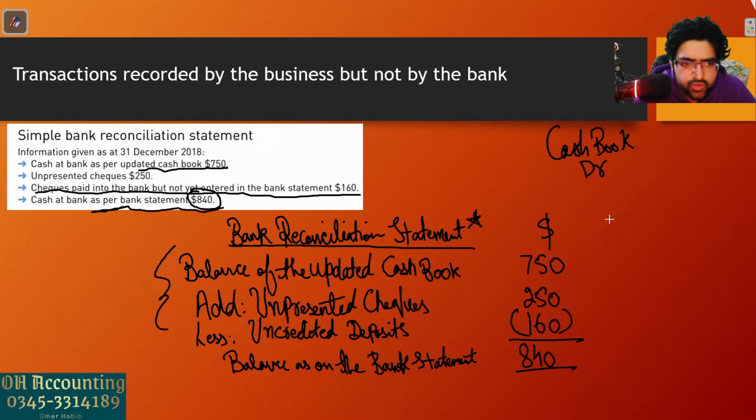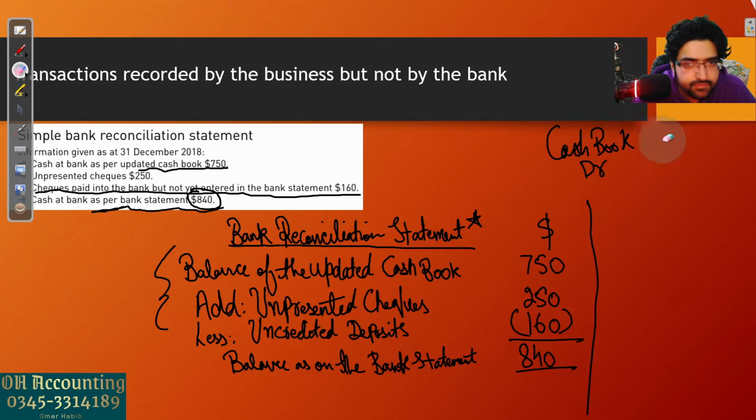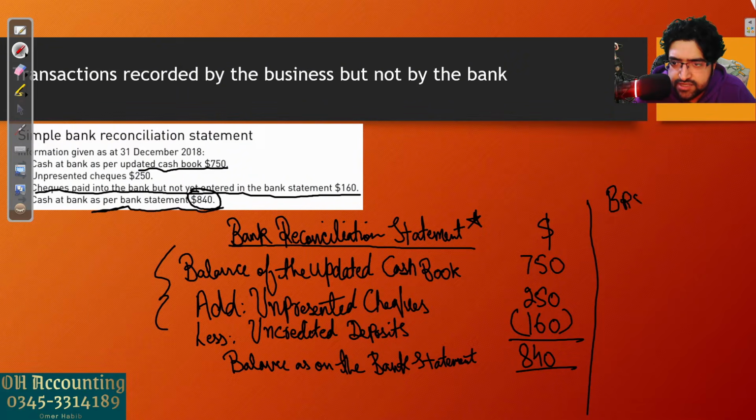Let me show it to you here, because in some questions they will force you to start with the balance as on the bank statement. So it's not difficult, it's just the complete opposite of it. So let me make it here in rough. Okay, so BRS, bank reconciliation statement, if you start with the balance on bank statement, which is 840, all you have to do is the opposite of this.